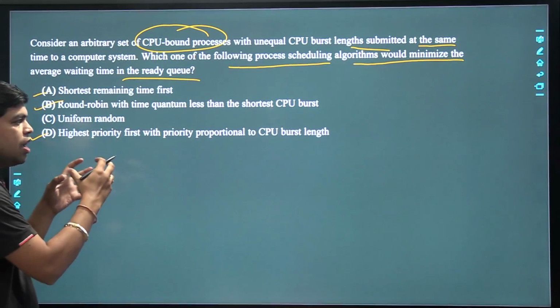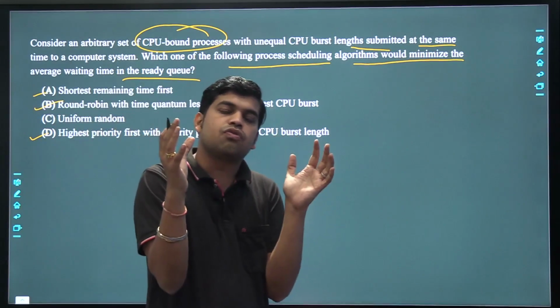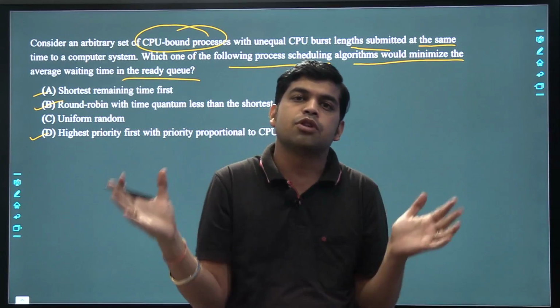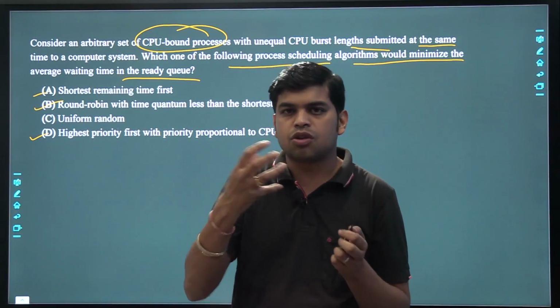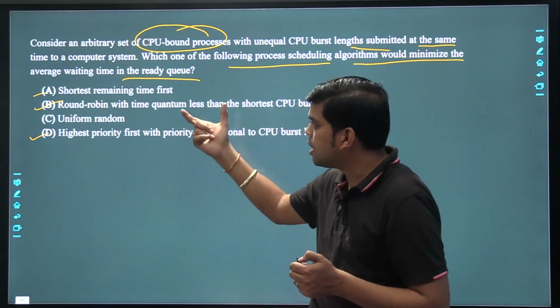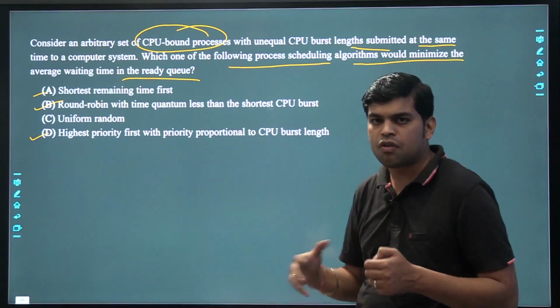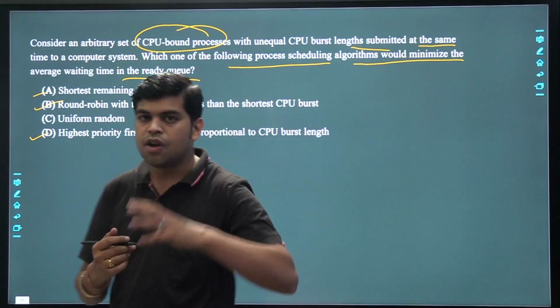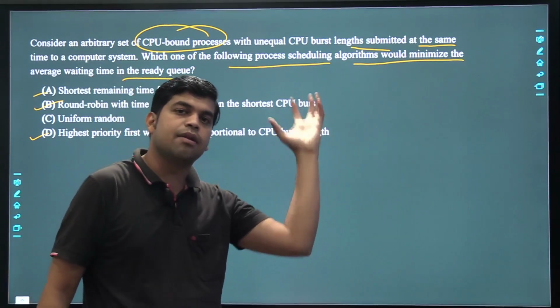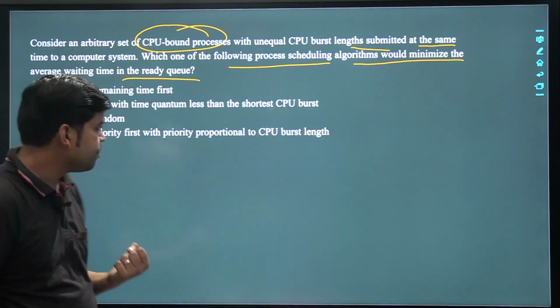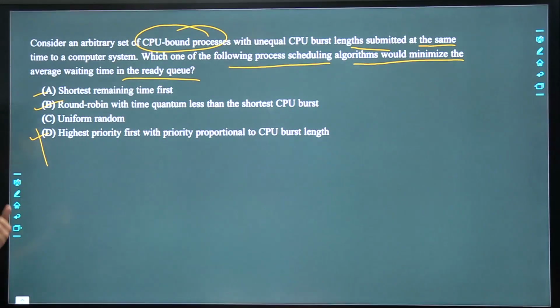So if we execute first those processes whose burst time is more, then definitely it does not give the minimum average waiting time. It looks like first come first serve, and it increases the waiting time. If a large process executes first, the remaining processes will wait for a long time. So it is definitely not correct. Uniform random, we also do not use.